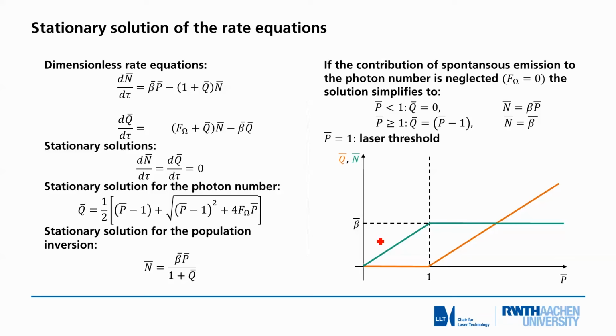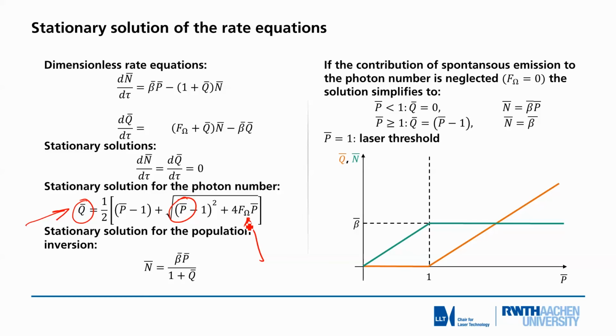In the stationary state, of course, we set the time derivatives to 0 and result with a very simple quadratic equation for the dependence of the number of photons on the pump rate. The only parameter in here is the f omega, which we have learned already is usually very, very small.